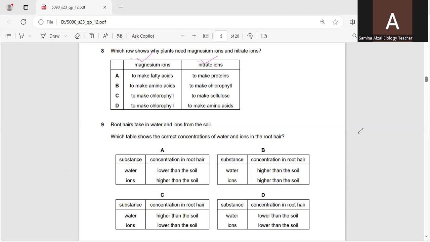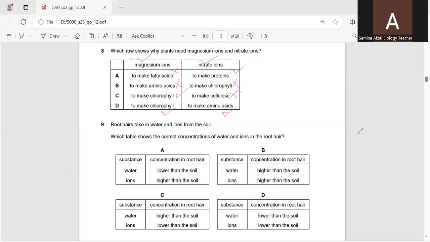A, to make fatty acids? No, to make proteins, to make amino acids. No. To make chlorophyll? No. To make chlorophyll? Yes. To make cellulose? No. To make chlorophyll and to make amino acids.